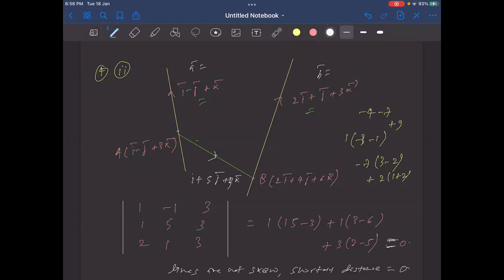They are falling on the same plane. That's why they are not skew. Shortest distance will be 0. Am I right? Clear? Can you check for the third one whether they are skew or not?